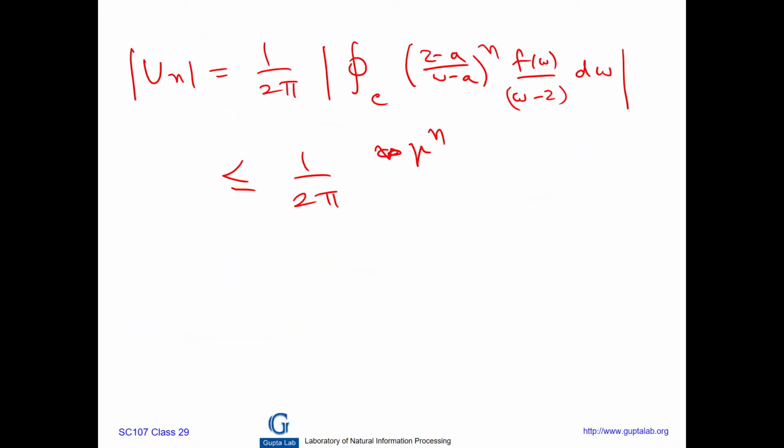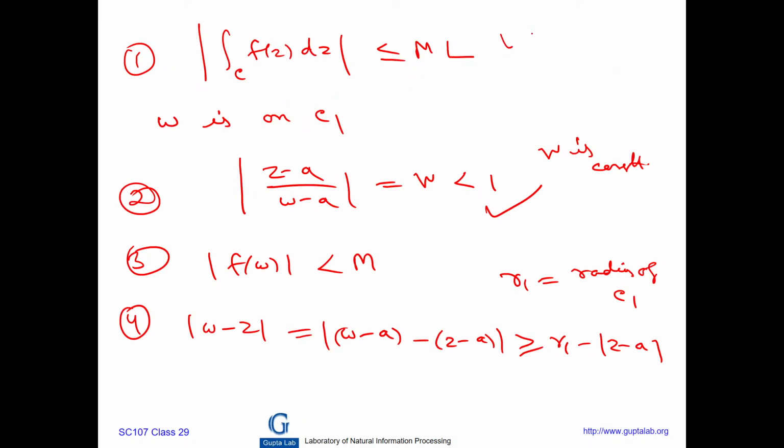So whole thing will be less than gamma raised to power n, right? And then whatever is left is integration along C of f of w divided by w minus z dw, which we bound using this result together with the other, right?